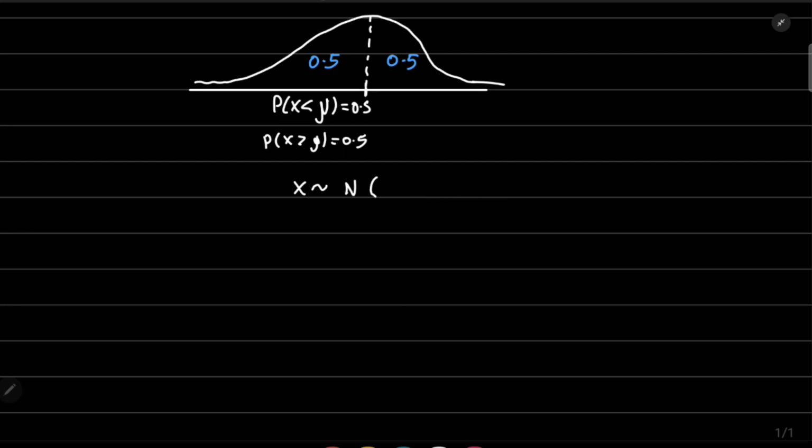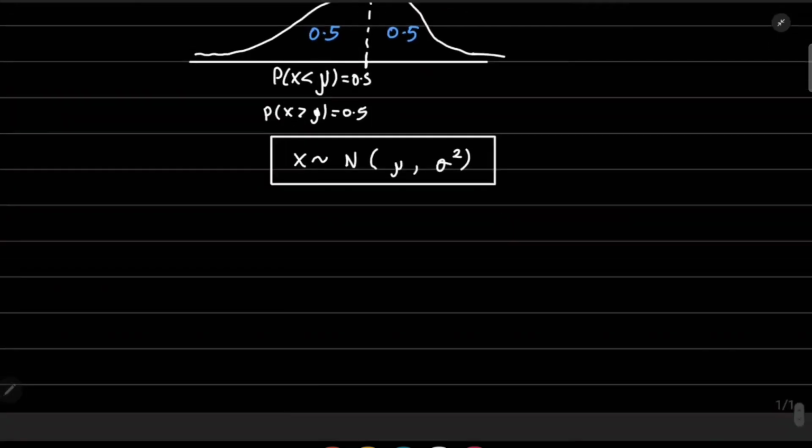These values will be the mean and the variance. So the properties of a normal distribution depend only on its mean and its standard deviation, or the variance. This is how we write down that something is in a normal distribution.